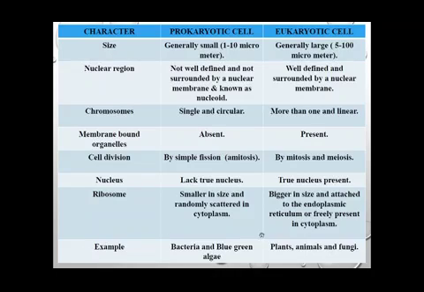The ribosomes are scattered in the cytoplasm in case of the prokaryotic cell, and they are smaller in size, while in case of the eukaryotic cell they are bigger in size, and they can be found either freely present in the cytoplasm, or attached to the endoplasmic reticulum. Some examples of prokaryotic cells are bacteria and blue-green algae, while eukaryotic cells are plants, animals and fungi.